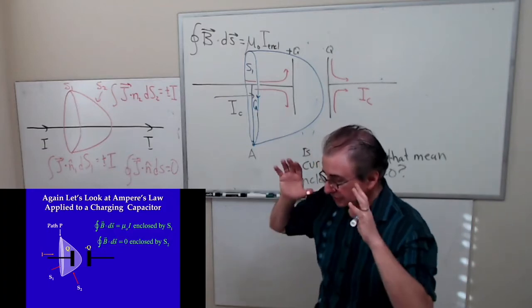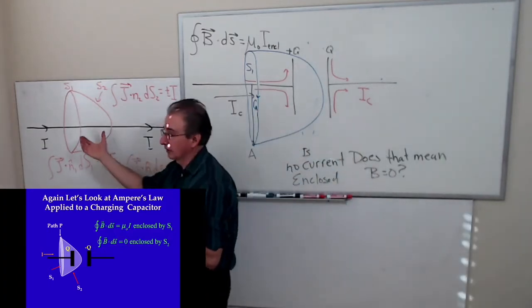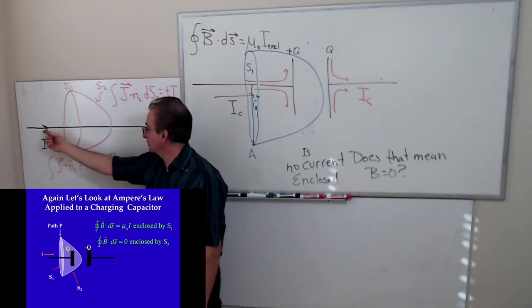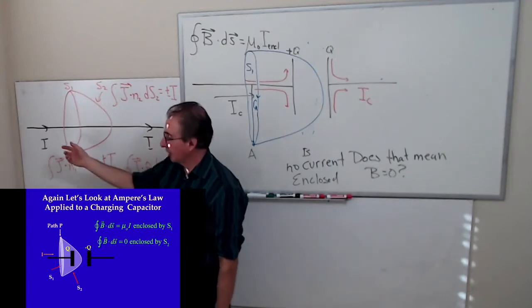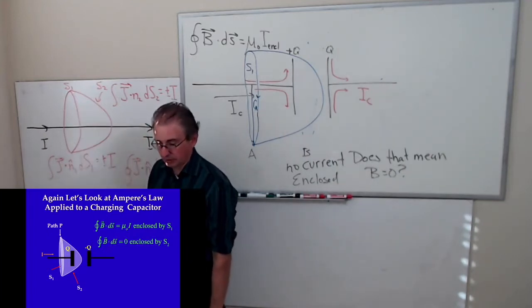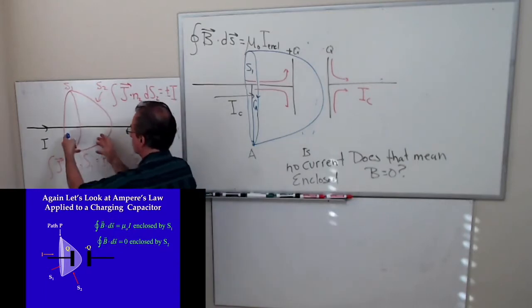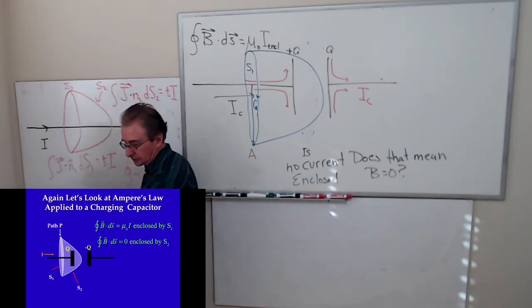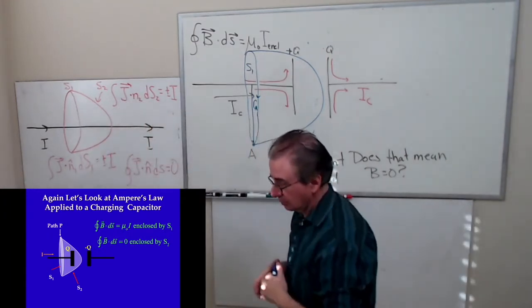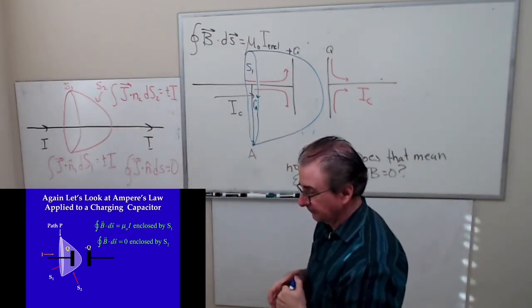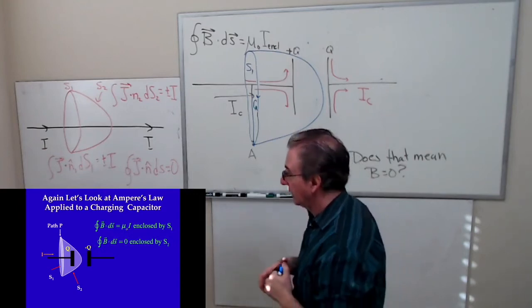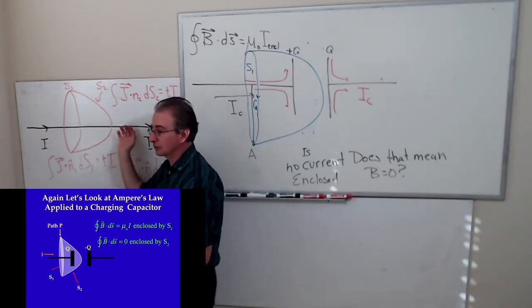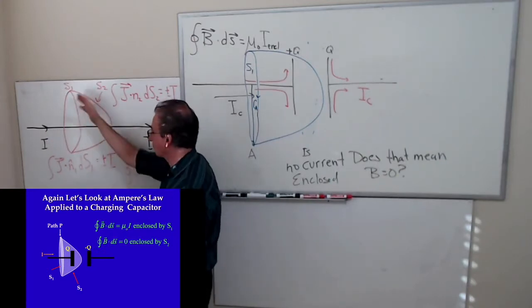Well, just think about it in terms of a water faucet. Just imagine this is a pipe of water, or water flowing in a pipe, and this is a closed surface. Whatever goes into the surface comes out of the surface. And if whatever goes into the surface equals whatever goes out of the surface, then that integral is going to be zero.